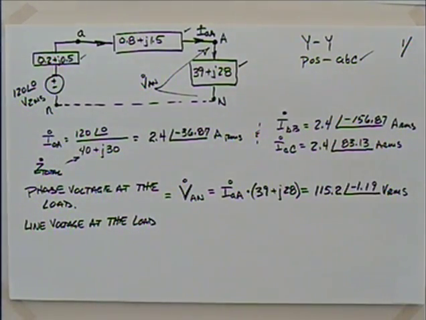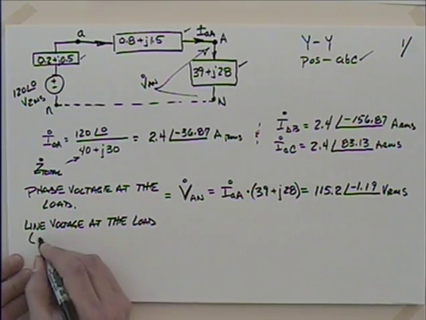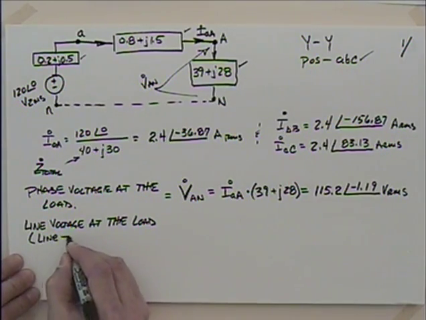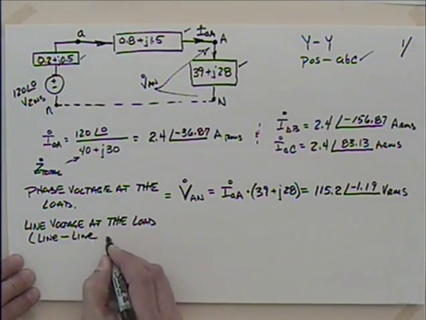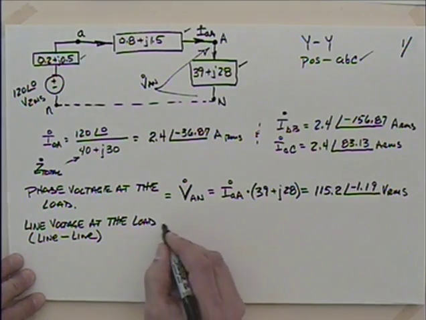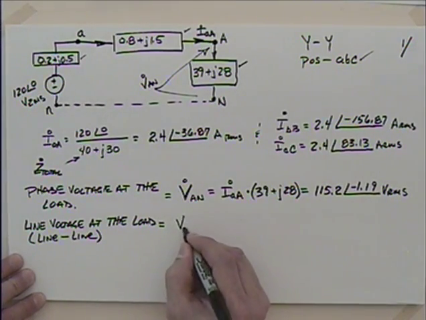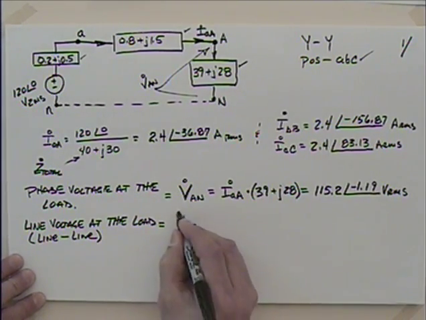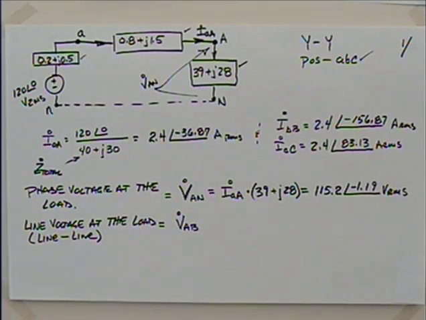The line voltage at the load. What's that? Well, line voltage is really line to line, isn't it? So what would be an example of line to line? AB would be AB. You could say BC. You could say CA if you wanted to. I'll do AB. That's as good as any of them.